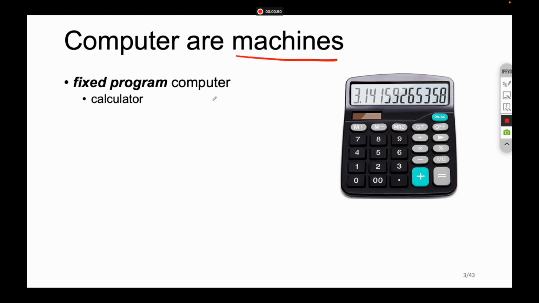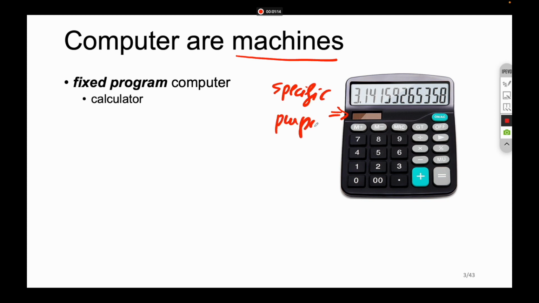You can look at this picture. This is an example of a fixed program computer because it is designed for one specific purpose.